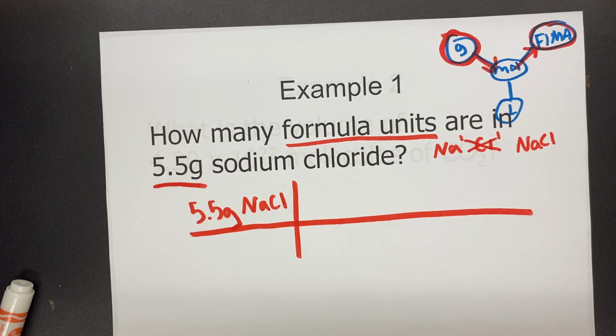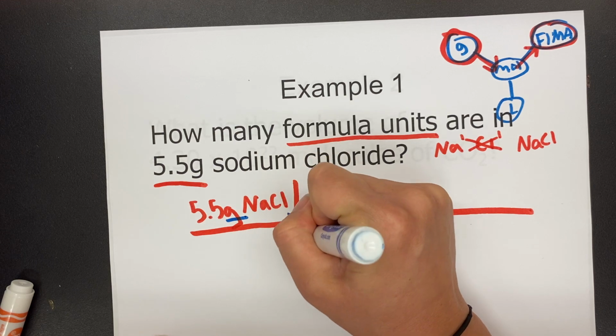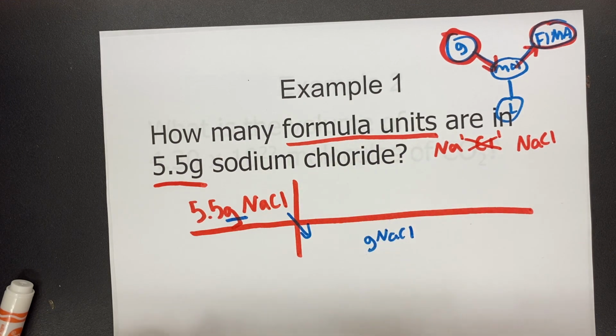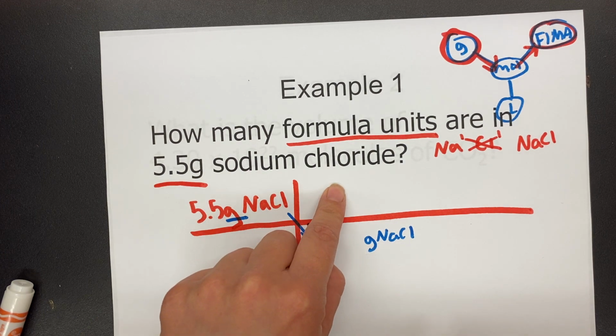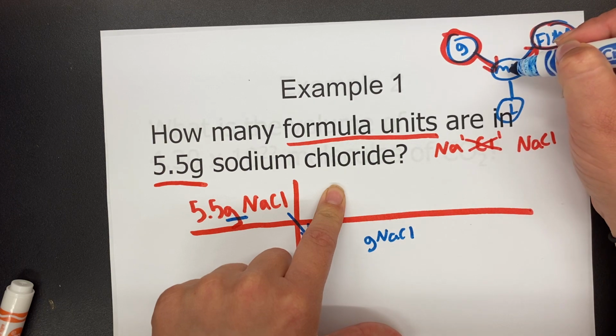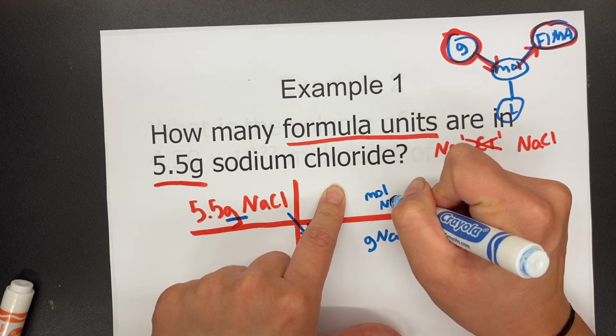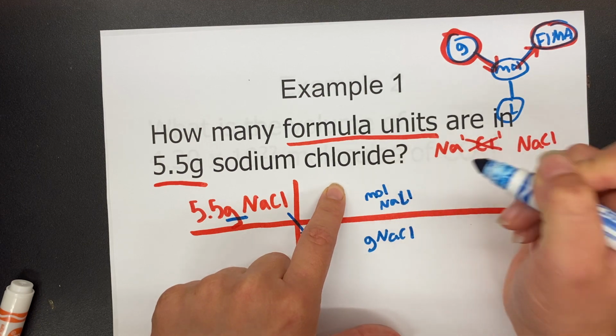So we have grams at the beginning. Grams here. What's going to happen is we're going to put grams down at the bottom. Okay, whatever's on top goes to the bottom. Whatever goes on top is what you're trying to get to. And in that first step, whatever you're trying to get to in the map, that is what goes on top. Okay?